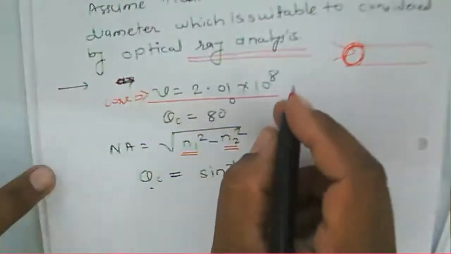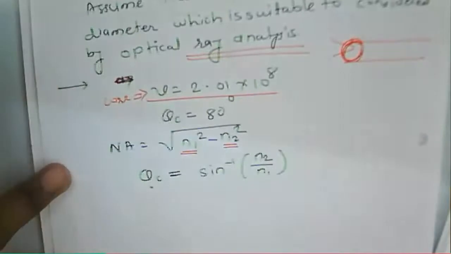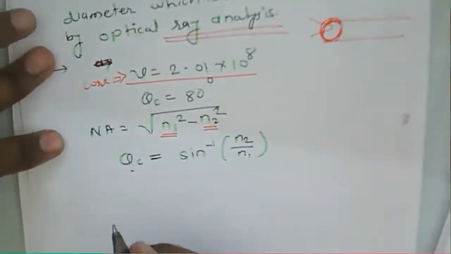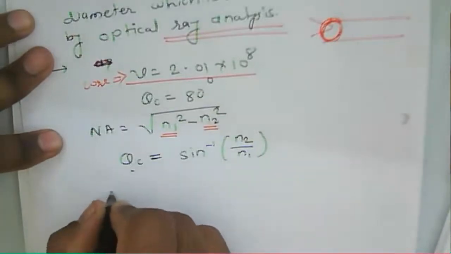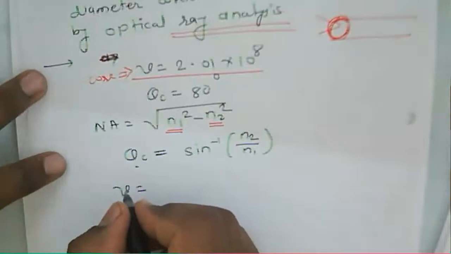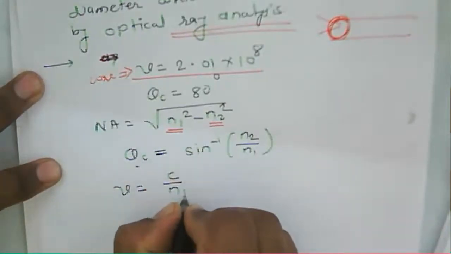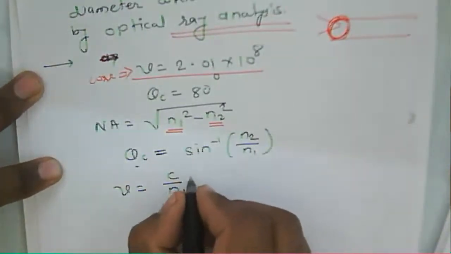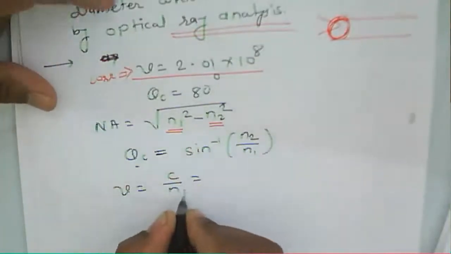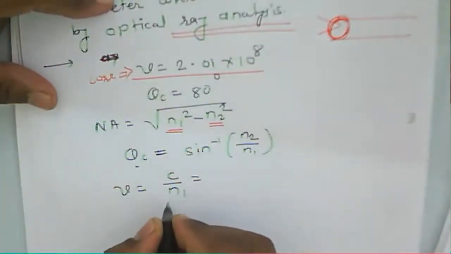Now from that we can find the refractive index of the core. How do we find it? Generally we know that the velocity of light propagating through the core is equal to c by n1, where c is the velocity of light and n1 is the refractive index of the core.